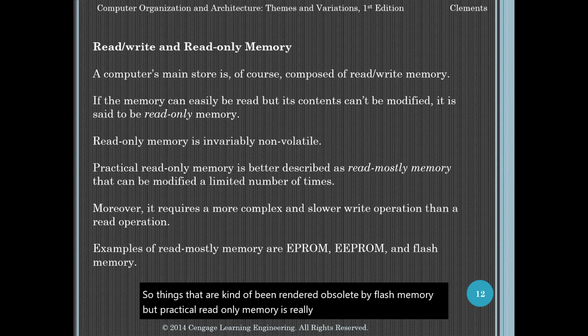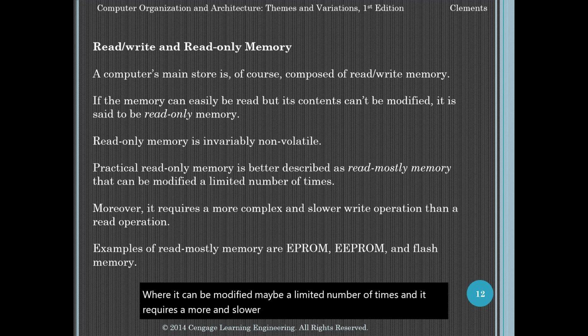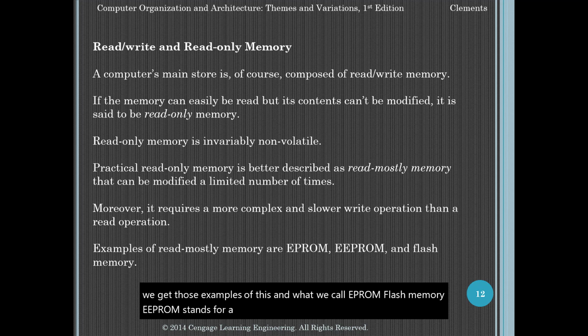So things that have kind of been rendered obsolete by flash memory, but practical read-only memory is really just best described as read-mostly memory. So you don't touch it very often, where it can be modified maybe a limited number of times, and it requires a more complex and slower write operation than a read operation. We get examples of this in what we call EEPROM flash memory. EEPROM stands for Erasable and Electronically Programmable Read-Only Memory.